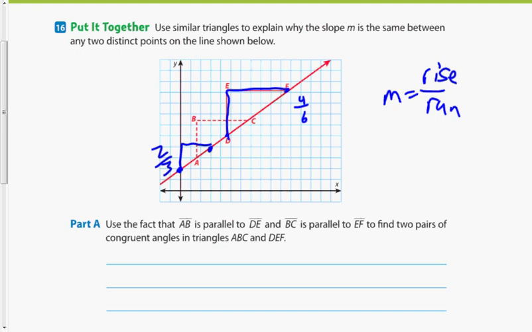So part A, it says, use the fact that AB is parallel to DE. So we're looking at the examples on there. If you know that AB is parallel to DE, and BC is parallel to EF, you know that certain angles are going to be congruent because there's a transversal. So we can say that corresponding angles are going to be congruent.